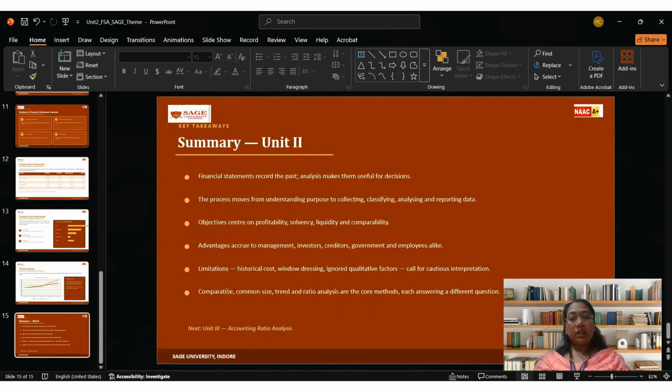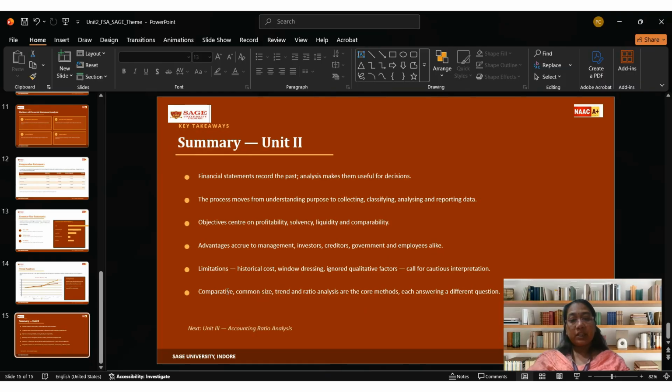Let's quickly recap everything we have covered today. Financial statements record the past. Analysis is what makes them useful for decisions. The analytical process moves through 5 steps, from understanding the objective to reporting the interpretation.